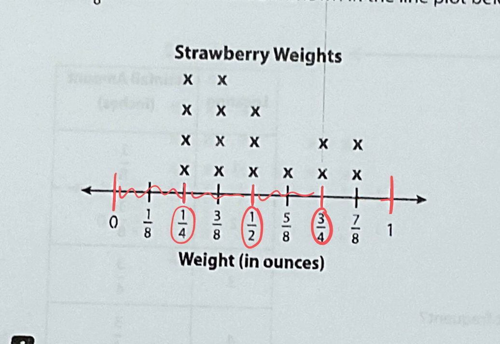Now you can take each fourth and split it in half so that we can make eighths. So now we've split our number line into eighths. Each section on this line plot represents 1/8 of an ounce, right?